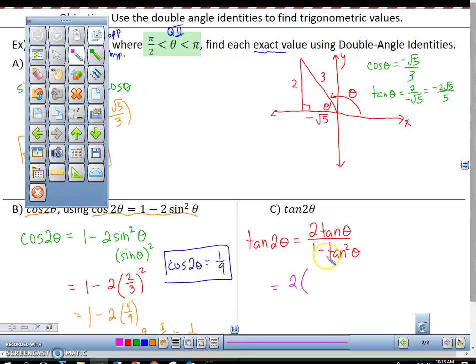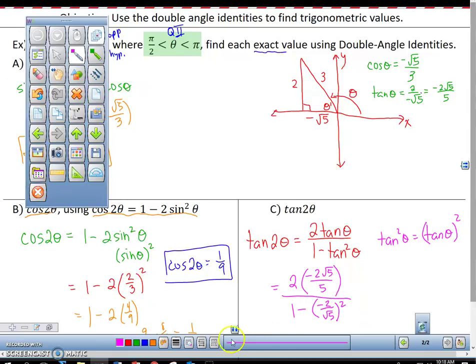I am going to use my simplified form here, negative 2 root 5 over 5, over, and then I have 1 minus, so again this tangent squared, remember, tangent squared theta means the tangent of theta is being squared. And so the tangent of theta is, I'm going to actually use this form here, moving my negative to the numerator, because I think that's easier to work with here.